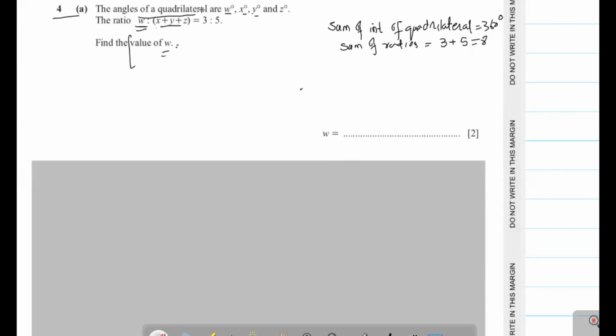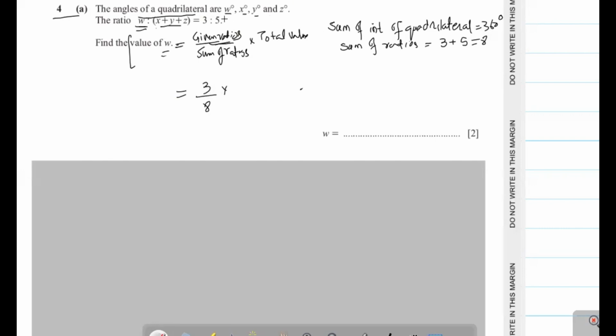Question 4. The angles of quadrilateral WXYZ are in the ratio W, X, Y, Z equal to 3, 5. Find the value of W. The value of W we can calculate as given ratio divided by sum of ratios multiplied by total value. Here the given ratio is 3, sum of ratio is 3 plus 5 is 8.